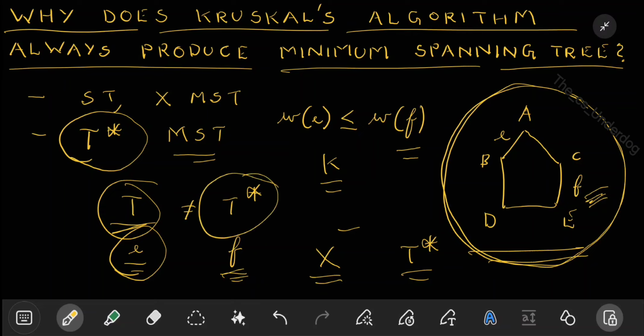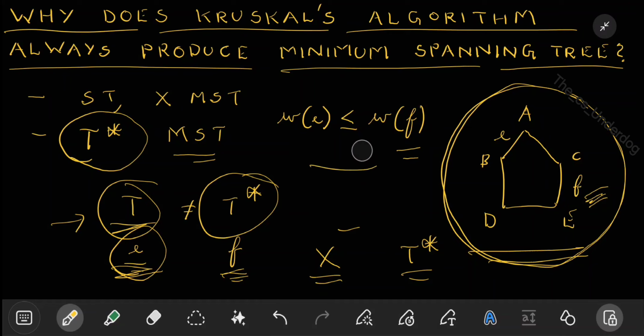So, whatever is formed from Kruskal's algorithm, you preferred E over F because E is having a smaller weight than F. That is the only possibility because Kruskal's algorithm picks edges in the order of their weights. Because of that, we are sure that weight of E has to be less than or equal to weight of F.